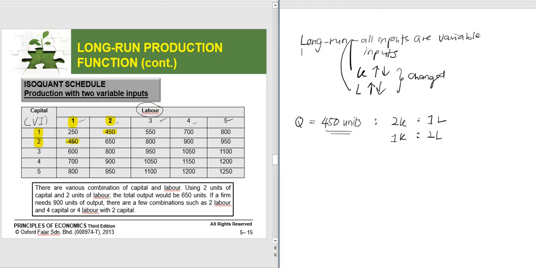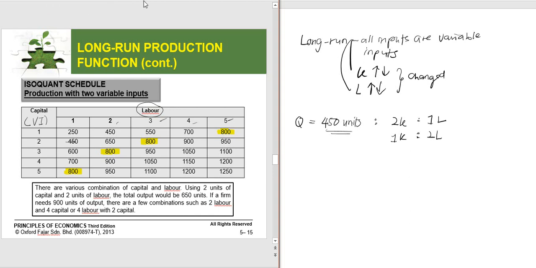Let's say you want to produce 800 units of output. You have different combinations here. You have production 800, 800 units, 800 units, 800 units. So you have four combinations of capital and labor that you can use to produce 800 units of output.